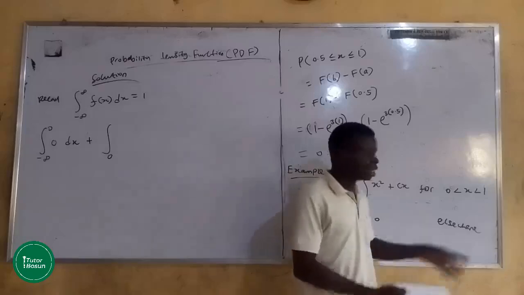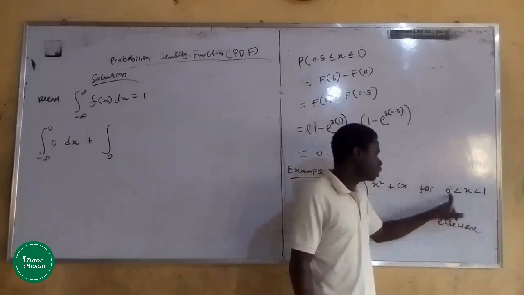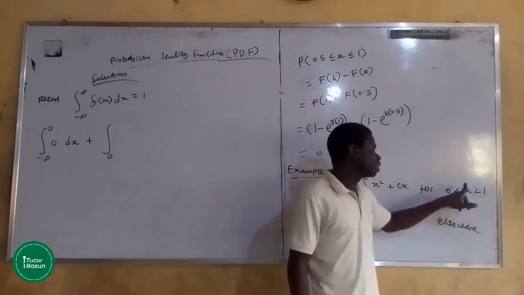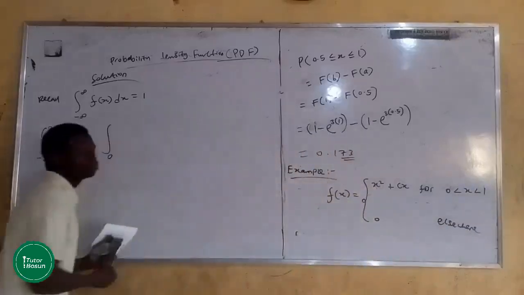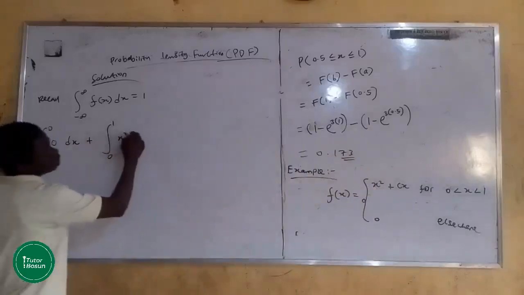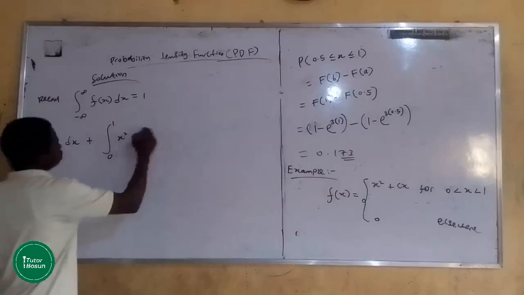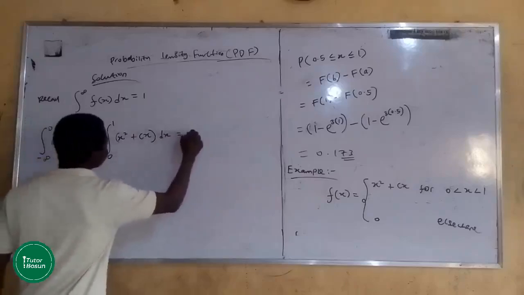Here we are limited to 1 and not to infinity. So we are integrating from 0 to 1 of x squared plus cx dx, and everything equals 1.